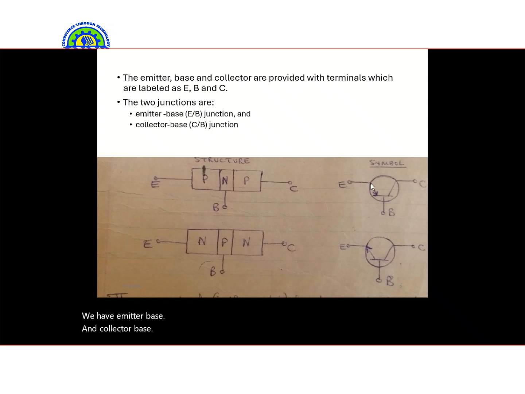The symbol is shown. This is for a PNP, where the arrow points towards the base, coming from the emitter pointing to the base. For NPN, the arrow points from the base to the emitter.